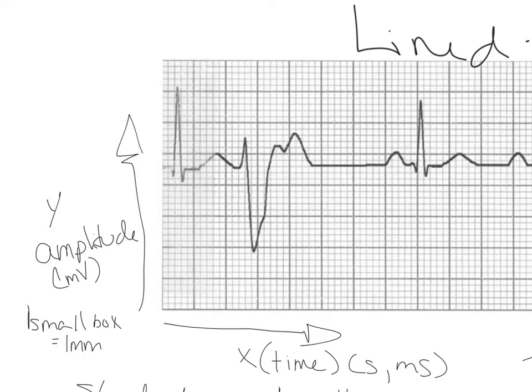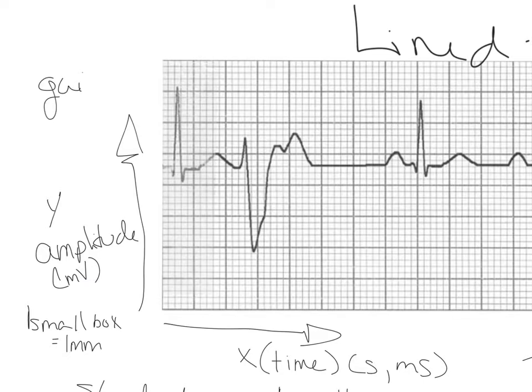Okay? Now, because the unit is in millivolts, we have to have a certain amount of millimeters to meet 1 millivolt. All right. So the standard gain setting, or the standard amplitude setting, is going to be, I'll put it up here, up top, okay?